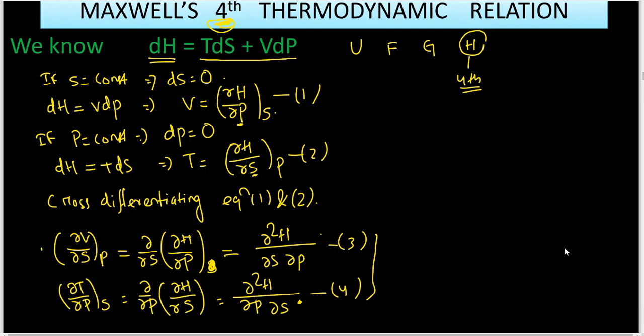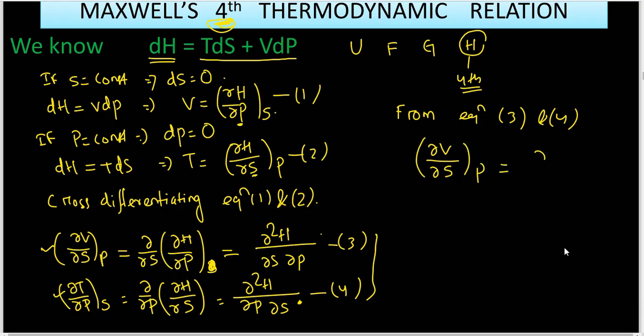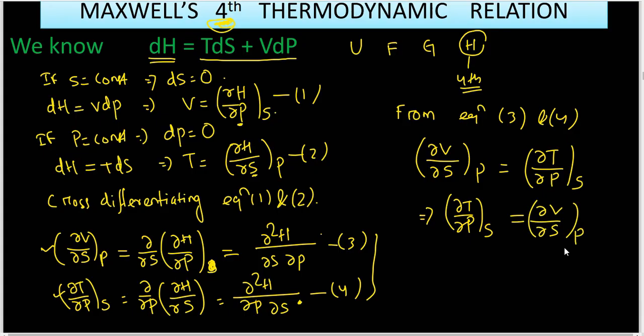So the left part will be equal. So from equations 3 and 4 we get ∂V/∂S at constant P is equal to ∂T/∂P at constant S, or we can write ∂T/∂P at constant S is equal to ∂V/∂S at constant P. Same equation, but I just exchanged left to right and right to left.